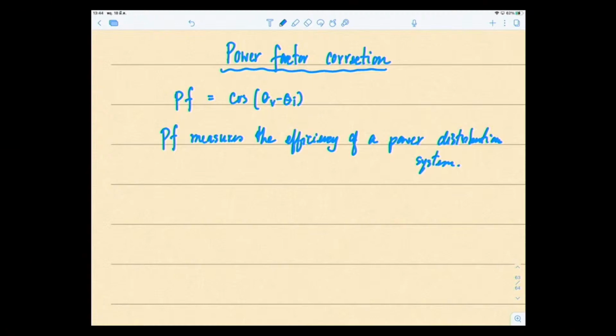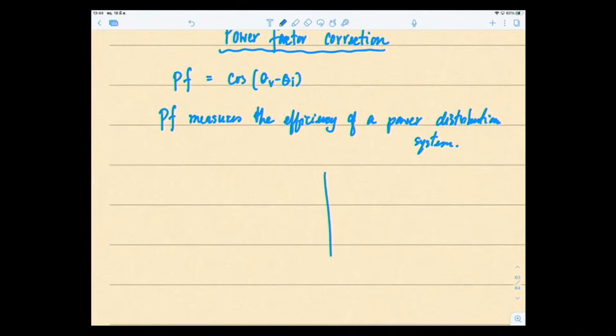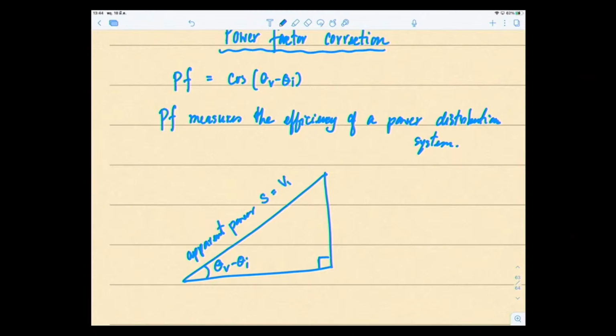First of all, we have done the power triangle, a right angle triangle, with an angle theta V minus theta I. You should remember that the hypotenuse is the apparent power S, equal to VRMS IRMS.